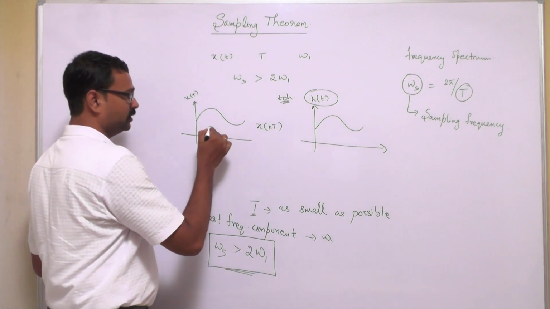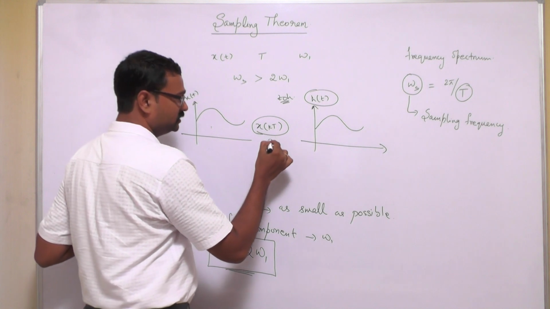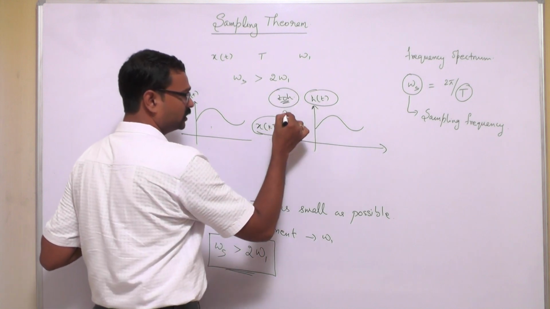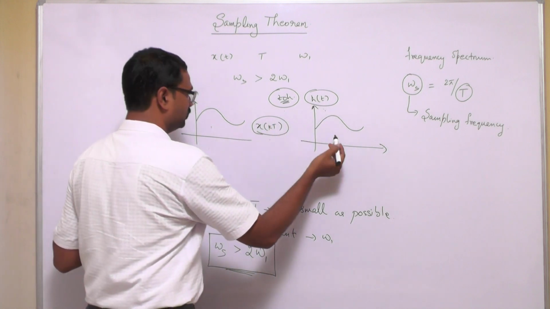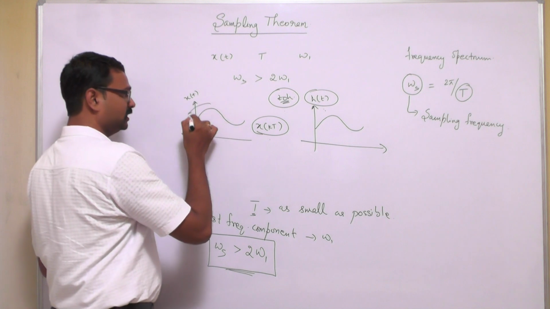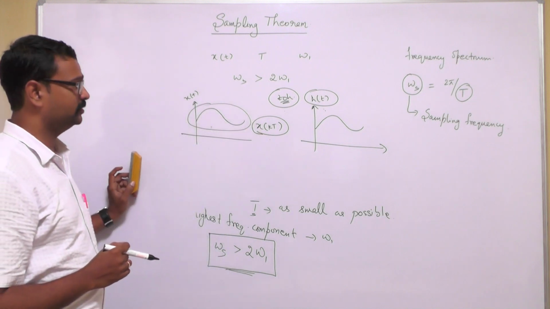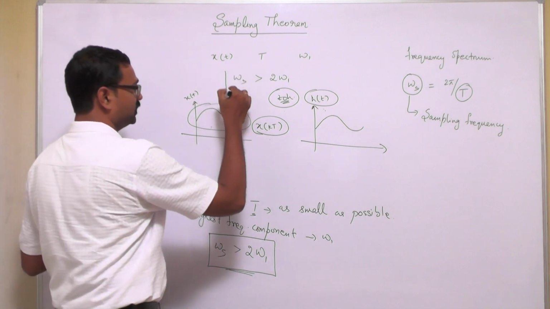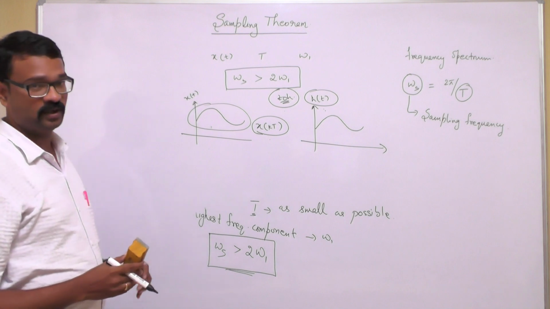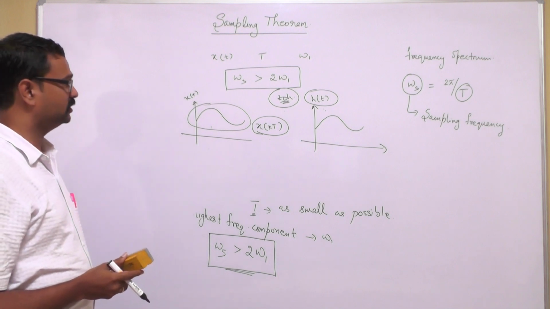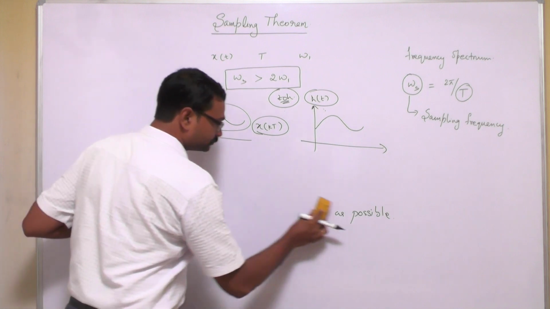When you apply the sampler, you get x of kT, the sampled data signal, and when you apply this to the zero order hold, you get a reconstructed continuous time signal, which must be at least approximately near the original without losing any information. For that, the sampling theorem states that the sampling frequency must be greater than twice the highest frequency component of the continuous time signal applied to the sampler.